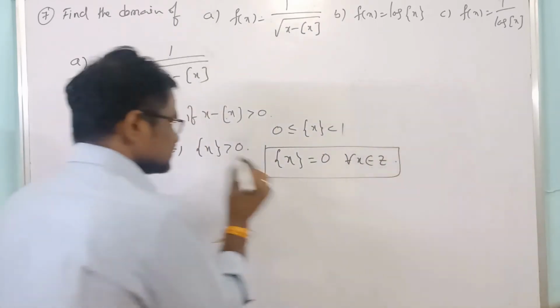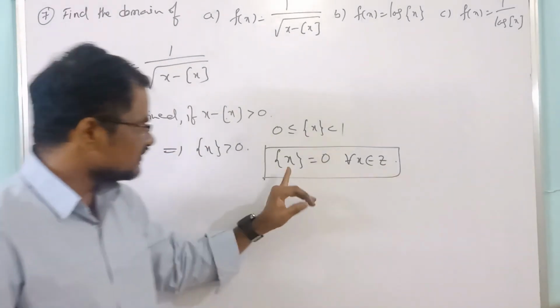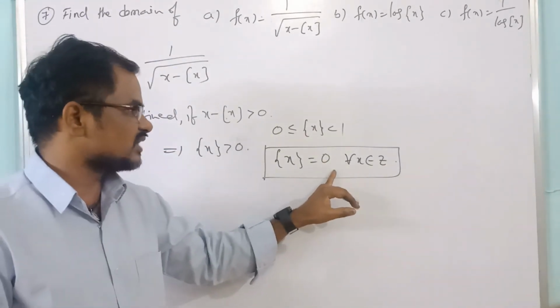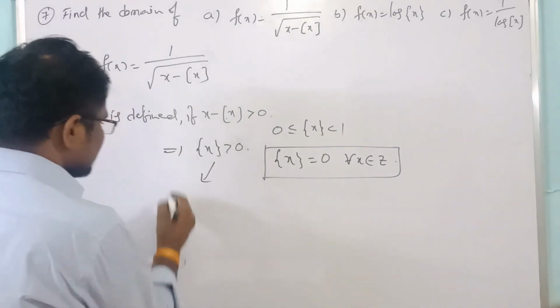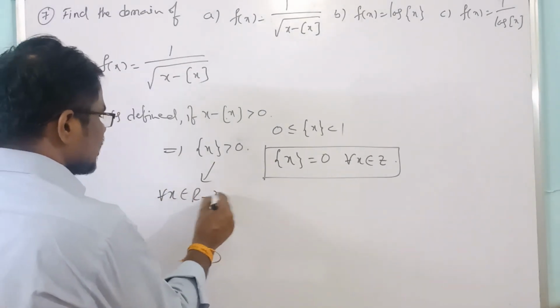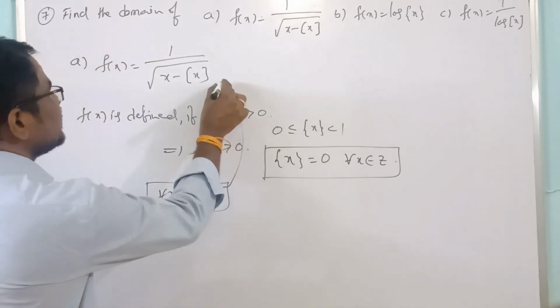This is an important condition: whenever x is an integer, the fractional part of x is 0. Other than that, it is greater than 0. So it is greater than 0 for all x belonging to R minus Z. This is the domain of the given function.